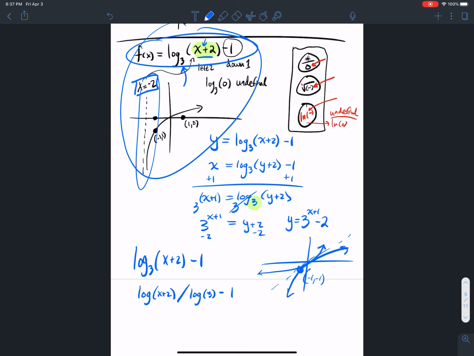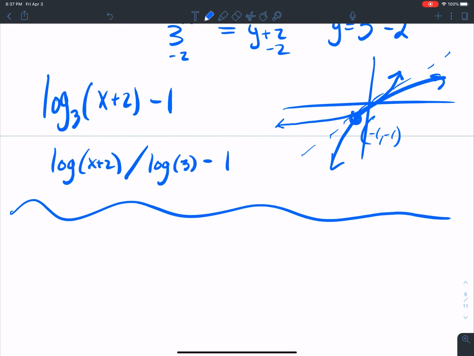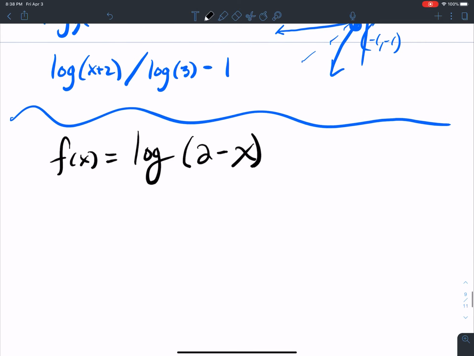Okay, let's do one more, log graphing. So we've got f of x equals log of 2 minus x. If I graph this, what's actually going on here? I'm replacing my x with a negative x.